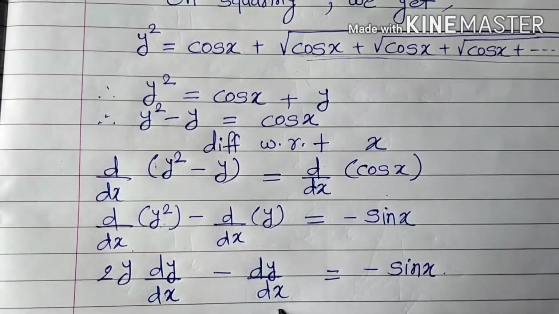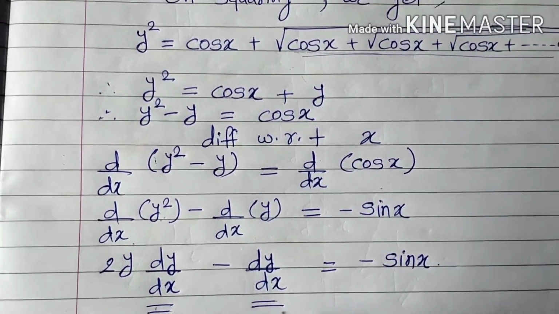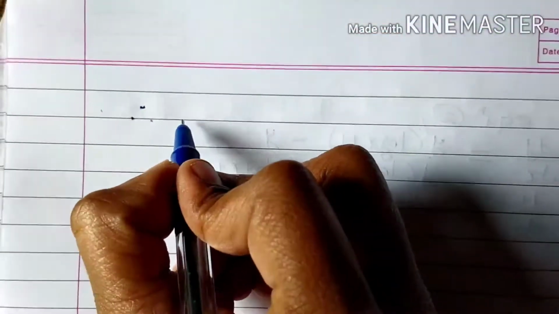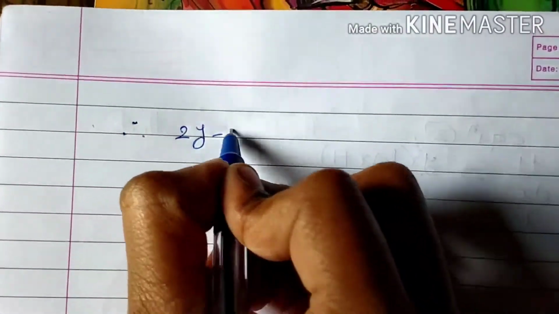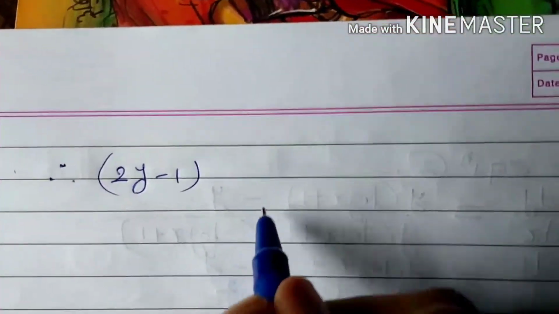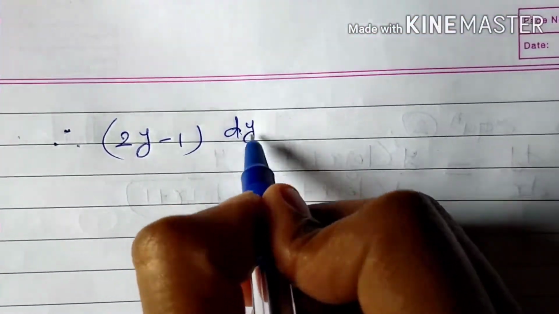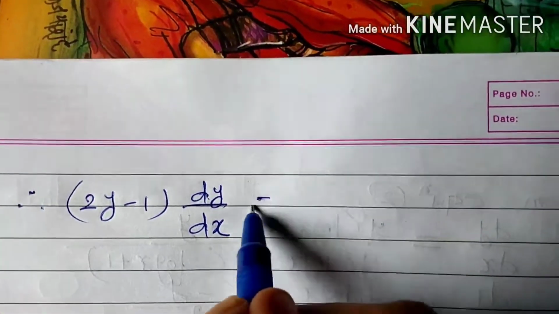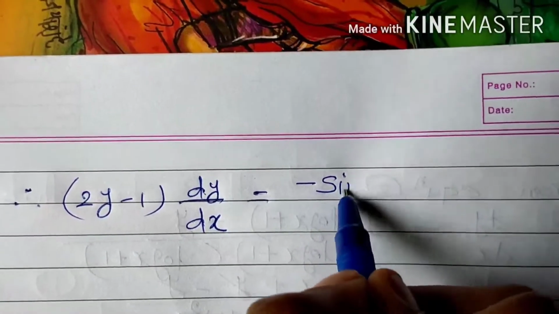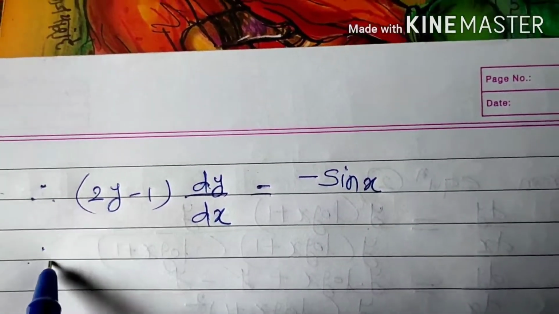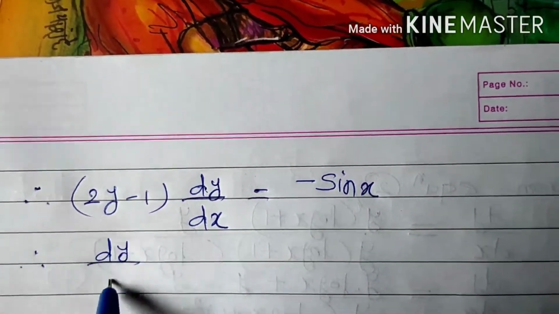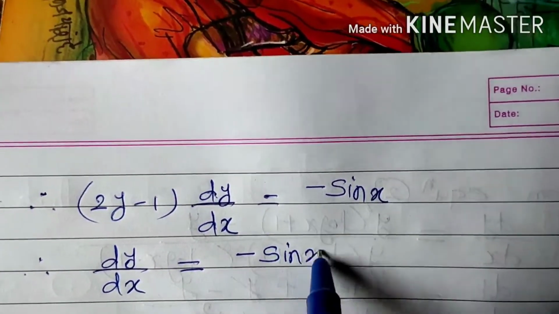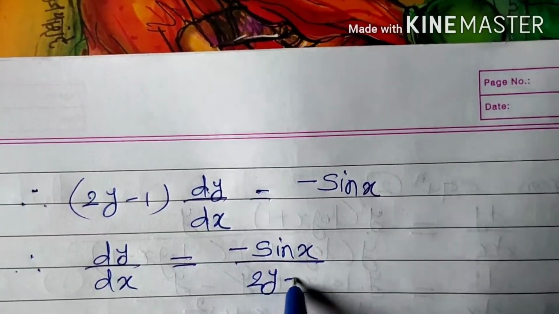Now take dy by dx common. After taking common we get 2y minus 1 dy by dx is equal to minus sin x. So dy by dx is equal to minus sin x upon 2y minus 1.